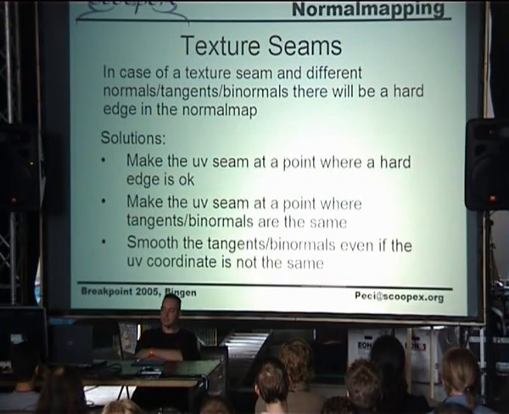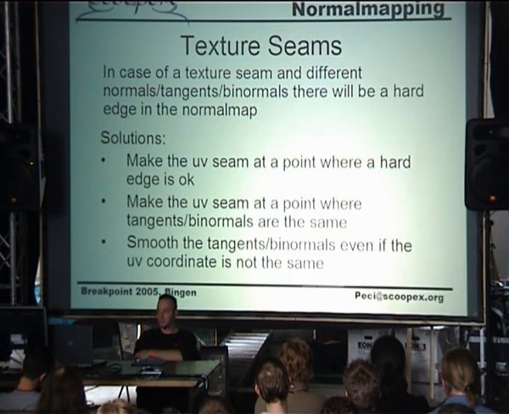Another problem is texture seams. Most of the time it's not possible to map a 2D texture without any seam onto a closed 3D object. So what are you going to do with that seam?